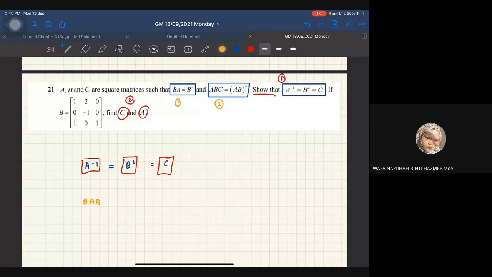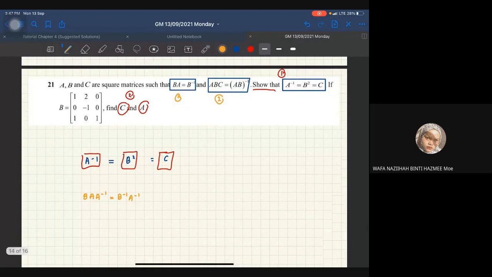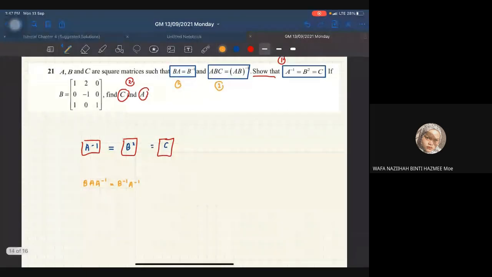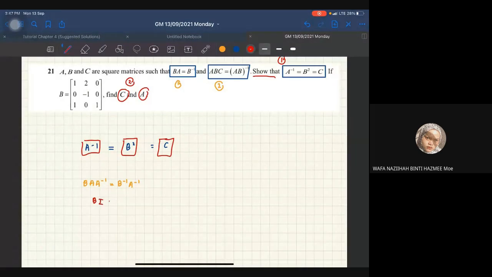So you have B times A inverse is equal to B inverse times A inverse. Okay, and then dia akan jadi equals to B times identity equals to B inverse A inverse.